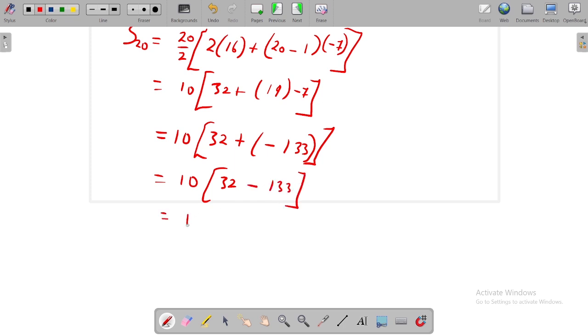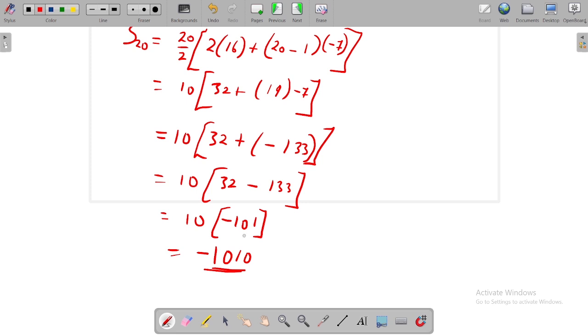These two will now give us what? Minus 101 when you do the subtraction. Now we multiply 10 by this, we're having minus 1010. This is the answer.